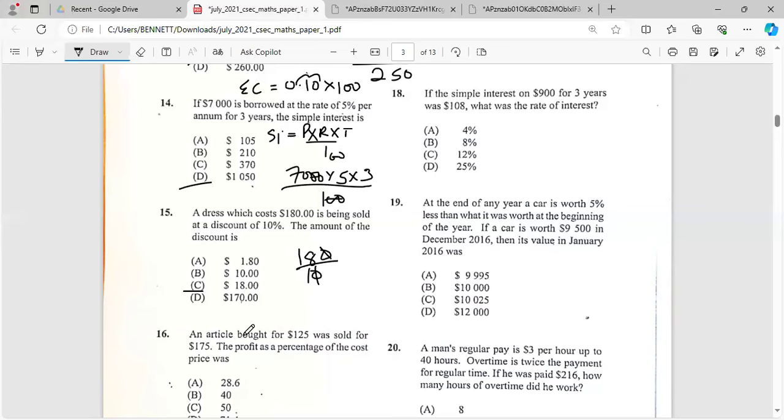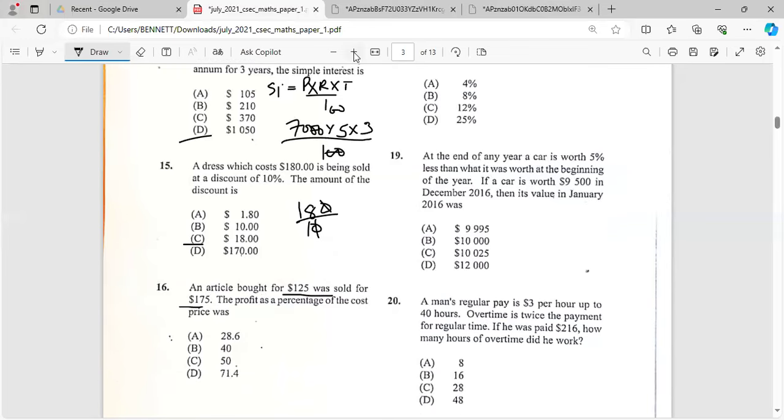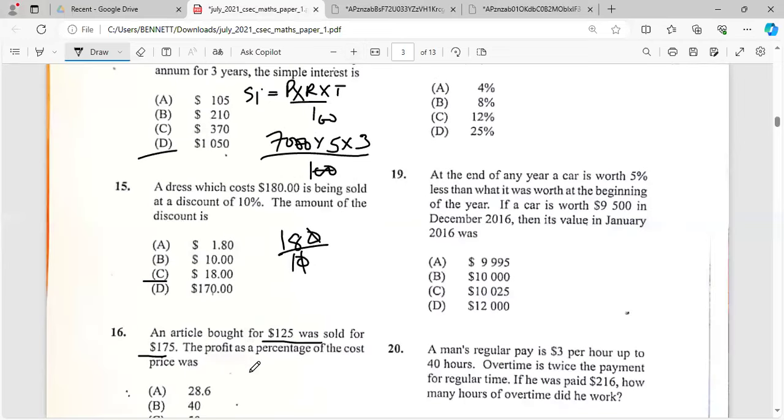16 says if an article bought for $125 was sold for $175, the profit as a percentage of the cost price was. So first we need to calculate the profit itself, and then we put that over the cost price. If you sell it for $175 and you pay $125, you make a profit of $50. So we're going to express this as a percentage of the cost price, which is what it cost, while the $175 is the selling price.